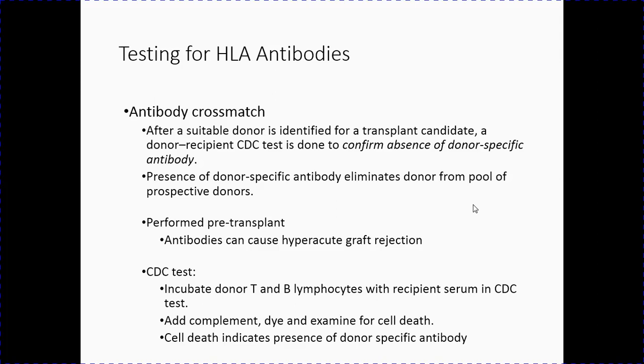So we are not going to transplant that. That's HLA antibody cross-matching. Very similar to what we do in blood banking for our final test before we do a transfusion of red blood cells. We put the patient and the donor together and make sure nothing happens. No reaction. We don't want any reaction.